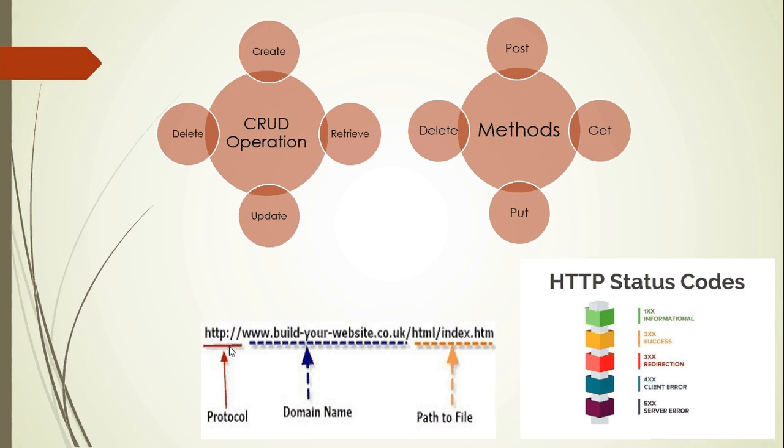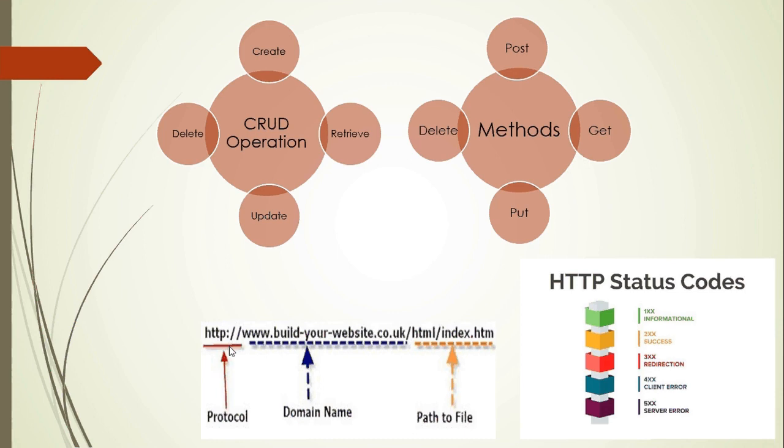After that we have 2xx, a success message series, most commonly 200 OK. Then 3xx gives us redirection messages. 4xx is client error, most commonly 404 page not found, and finally 5xx means server-side errors.